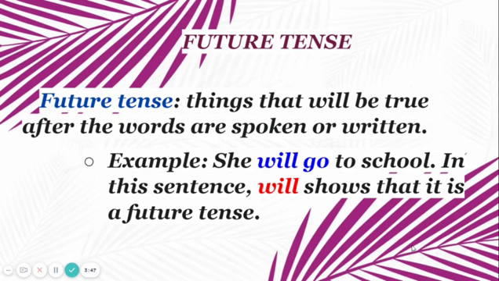For example, she will go to school. That thing doesn't happen before or in the current situation, it is going to happen in the future. So the thing that is going to happen in future denotes future tense. Here the word will shows that it is future tense.